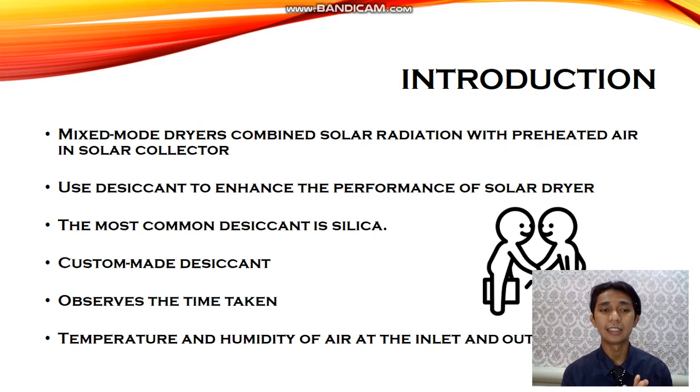The most commonly used desiccant is silica. So we use a custom-made desiccant to ensure that the desiccant can absorb most of the exhaust air humidity to ensure the dryness of the air and the dryness of the product.